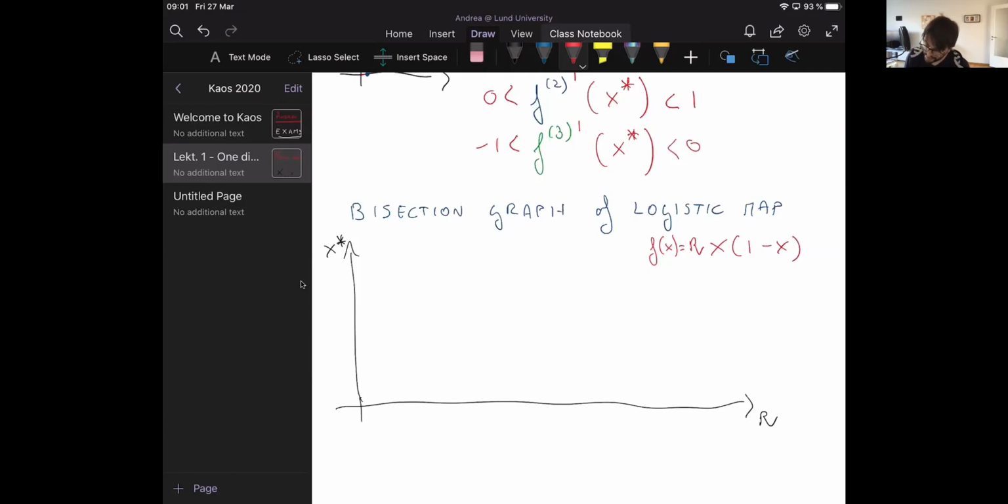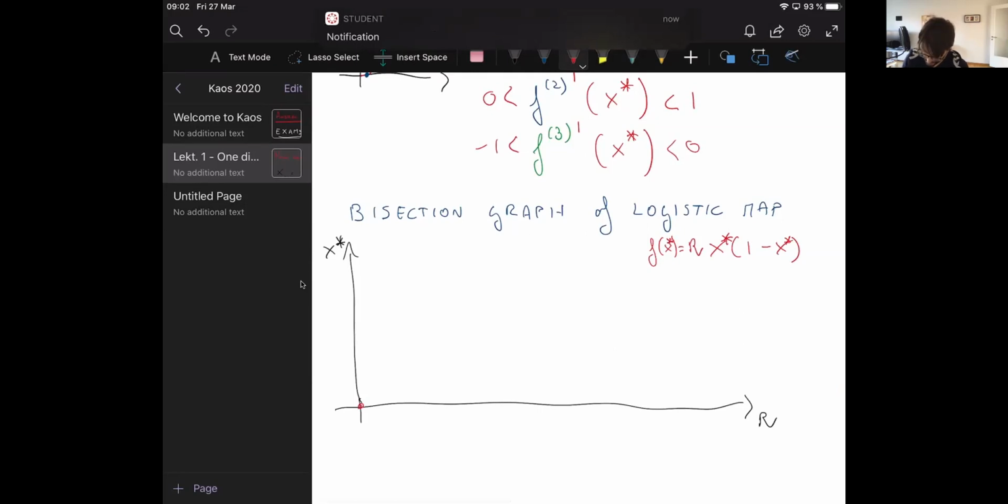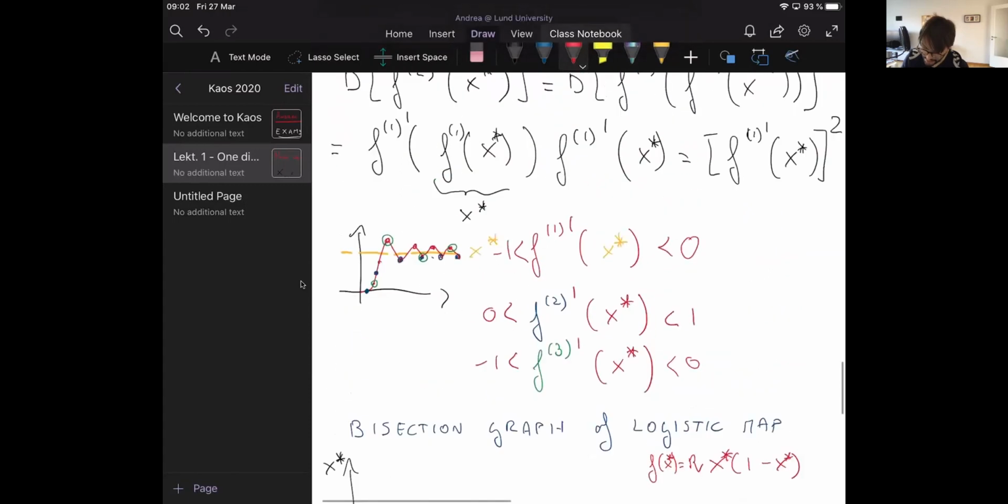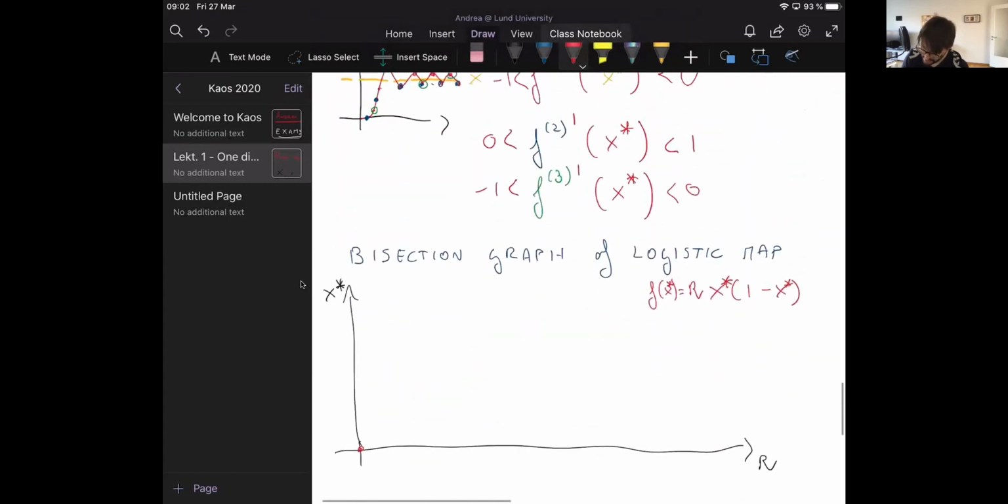Okay, so I want to study the fixed points. What is the value of the fixed point for this logistic map? And for a very small r, for 0, of course, the only fixed point is 0. For a small r, then the fixed point increases. So let's use also this piece of real estate.